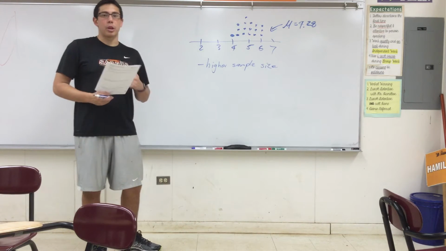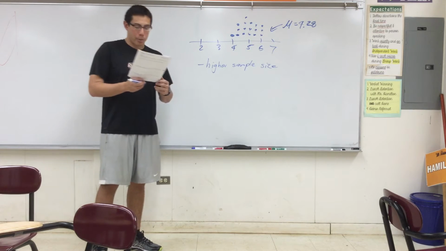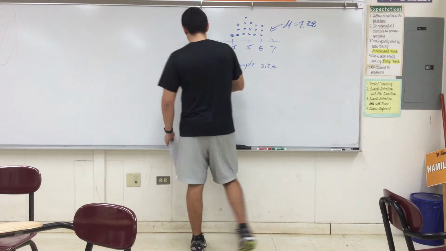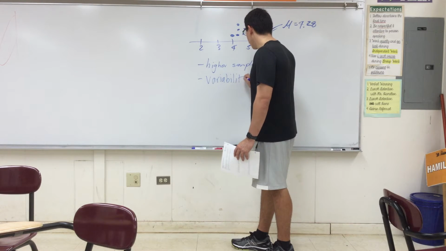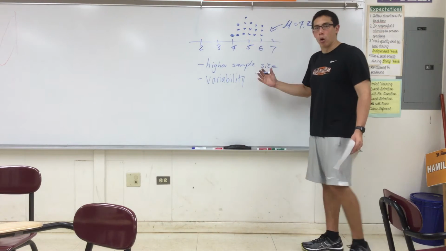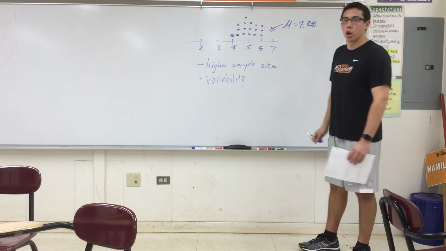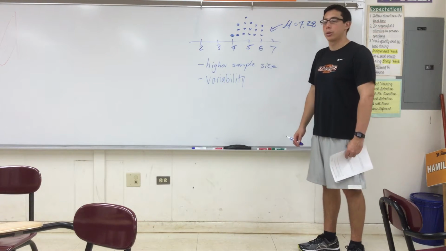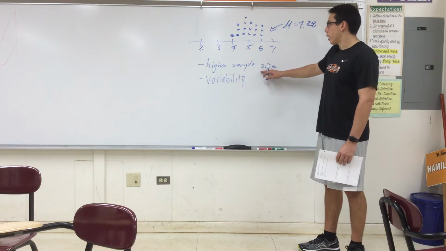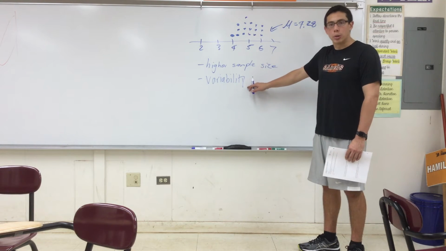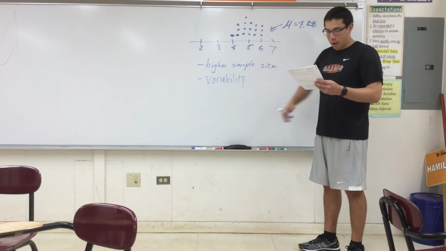Higher sample size reduces the variability of the sampling distribution. These are all terms we talked about in earlier chapters. If we want to make this more accurate, it's got to be random, we have to have a higher sample size, and then we need to reduce variability.